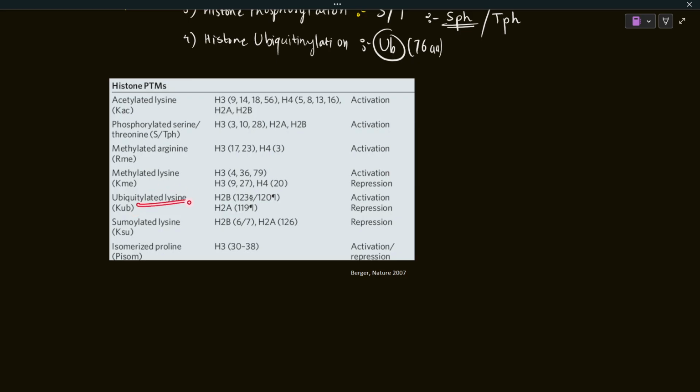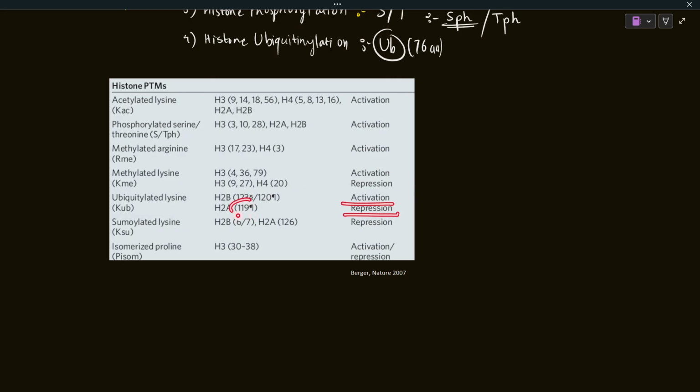Ubiquitinylation is done on lysine and it is written as KUB: K is lysine, UB for the ubiquitin moiety. It is done on H2A or H2B on these residues, and it can lead to activation or repression.